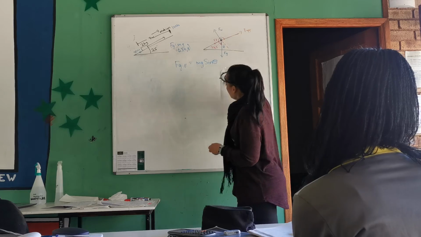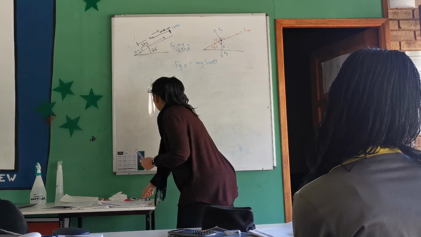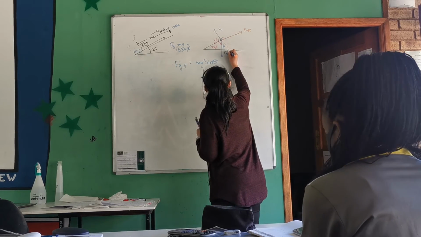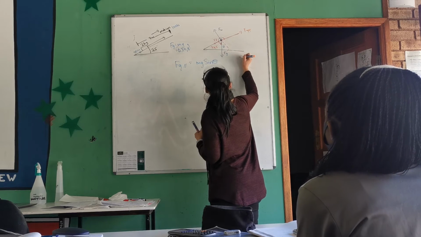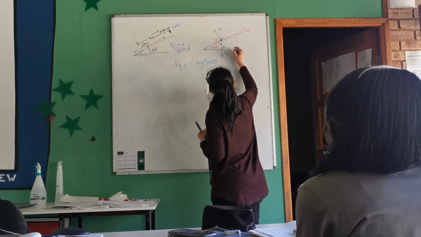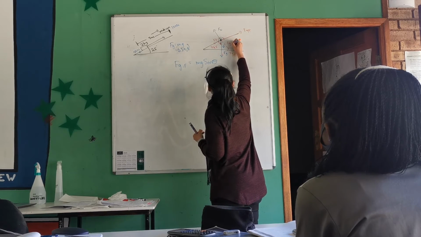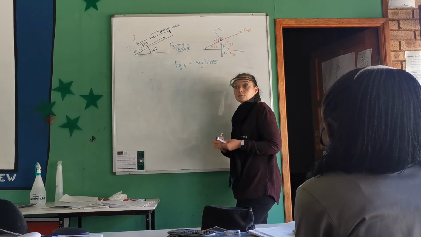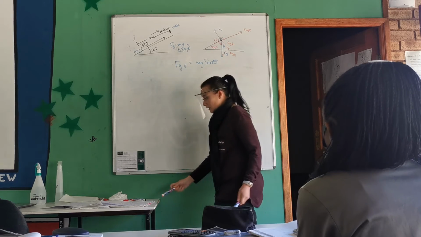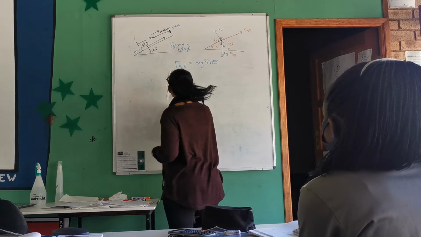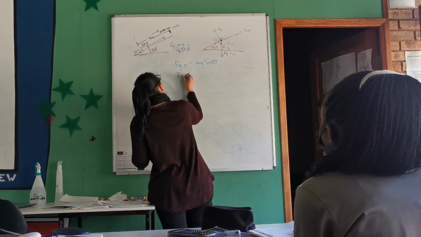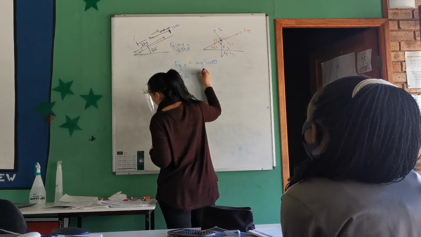In other words, what we're doing here is calculating this part here. There's Fg parallel, and this one is Fg, and this one is Fg perpendicular. Do you remember it from inclined planes last year? I'm sure I've said it a couple of times.